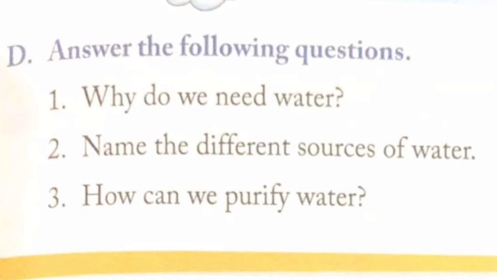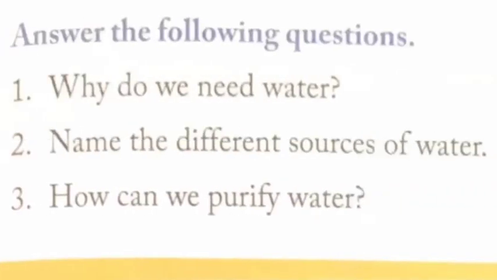If we recall what's written in the book, there are so many uses of water. We need water for drinking, for cooking, for washing clothes, for cleaning dishes, for bathing, for cleaning our pets, for watering plants, and for many other purposes.